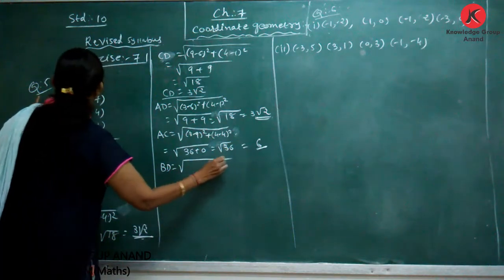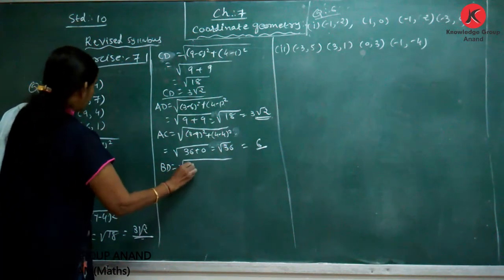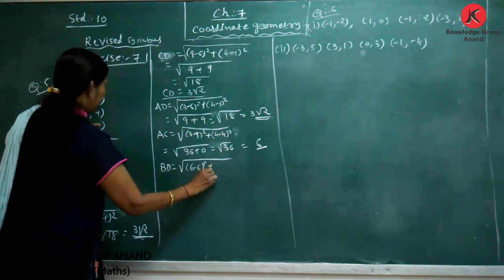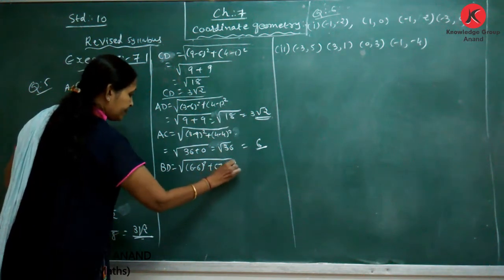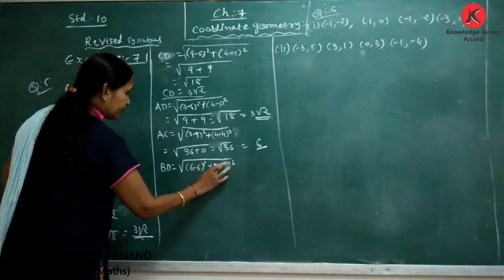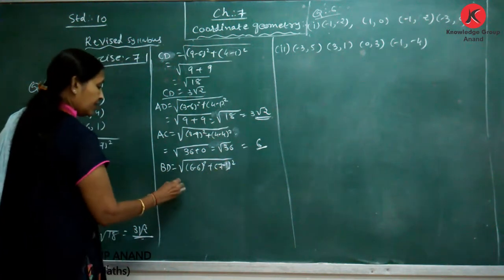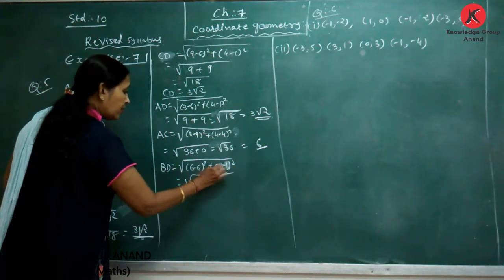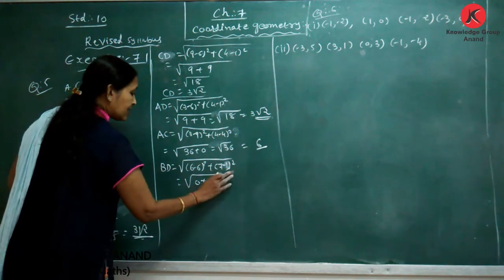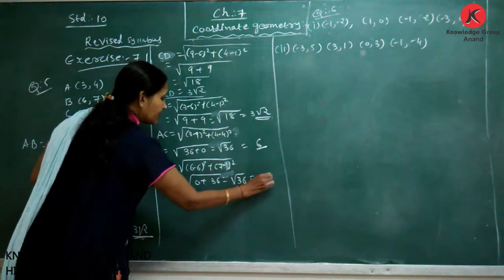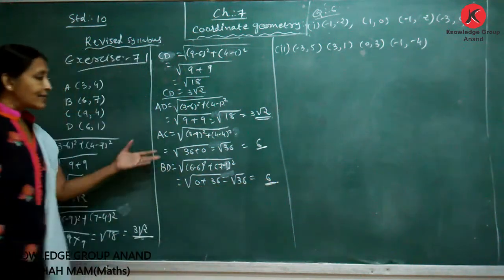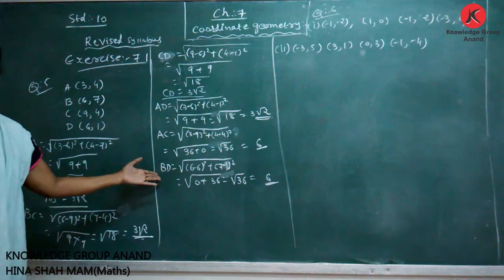BD is equal to under root (6 minus 6) whole square plus (7 minus 1) whole square, equals 0 plus 6 square, equals 36, equals root 36, equals 6. Yes, here the diagonals are equal.